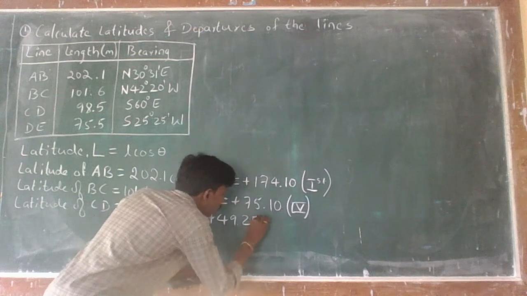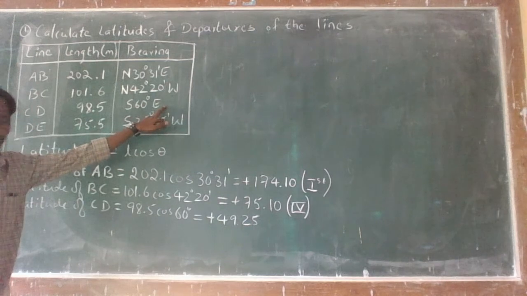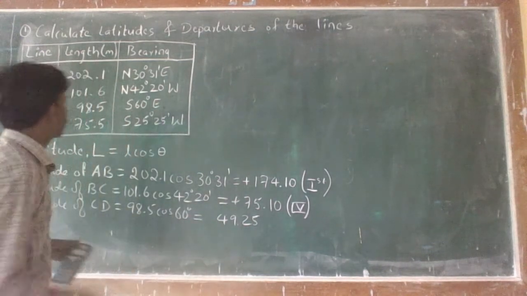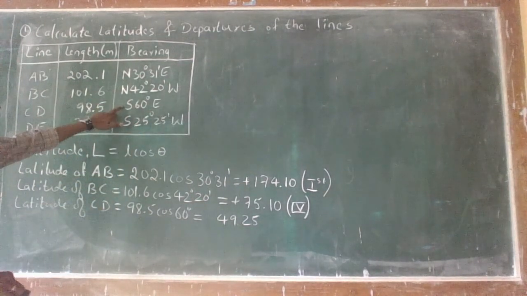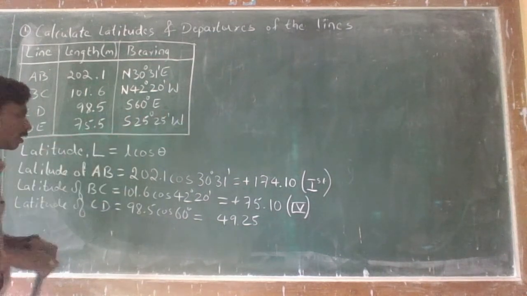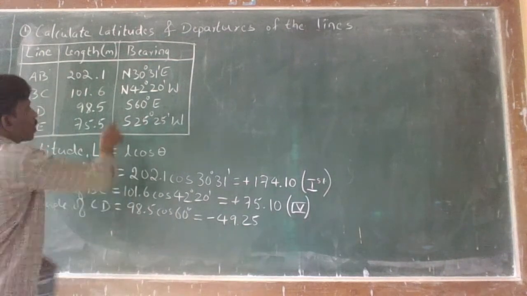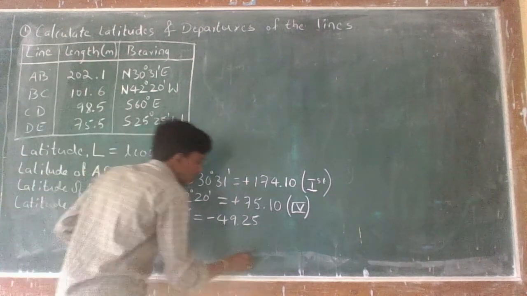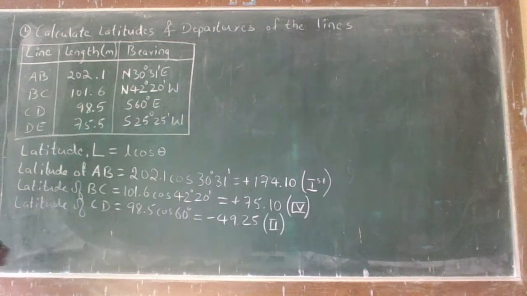Sorry, it's not positive, it's a southeast value. If the bearing lies in southeast, then we have to take the sign minus here, because this lies in southeast, which is the second quadrant. Second quadrant.